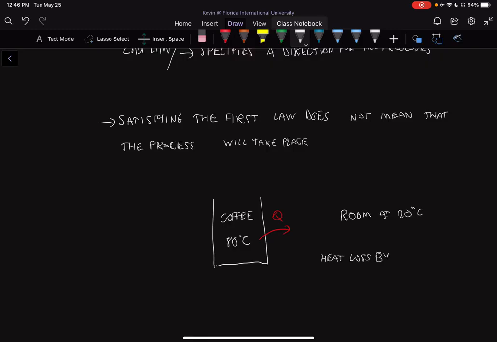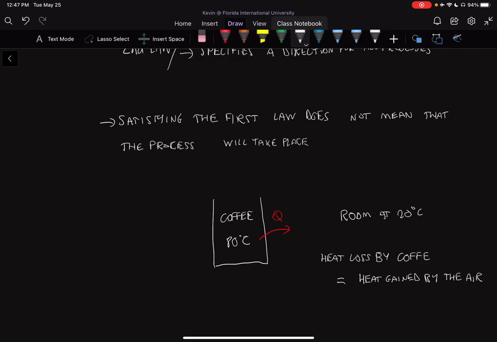So we can say that the heat loss by the coffee is equal to the heat gained by the air. And that makes sense, right? We have some heat lost to the air.